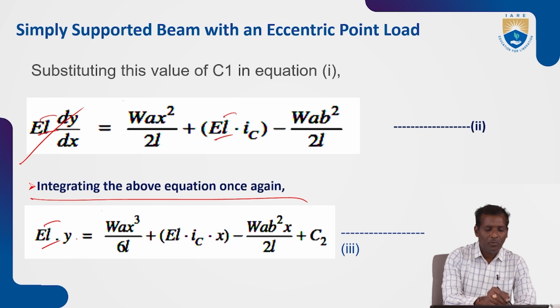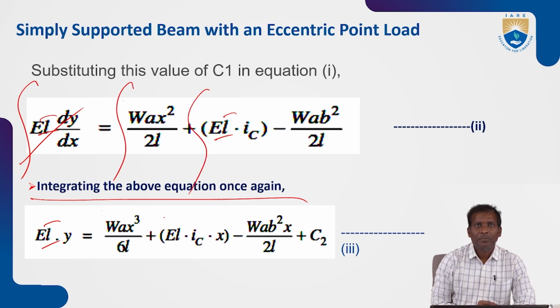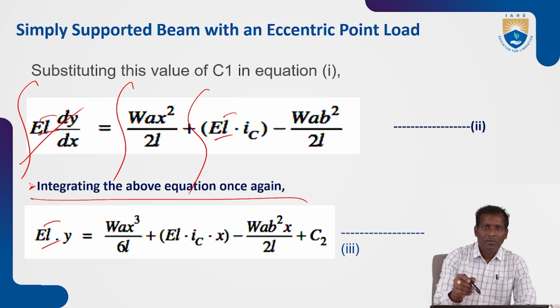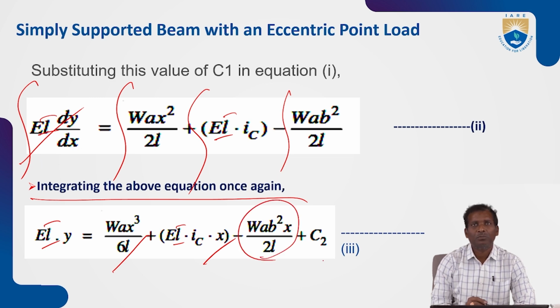EI into Y is equal to WAX cube by 6L plus EI into theta C into X minus WA B square X by 2L plus C2.